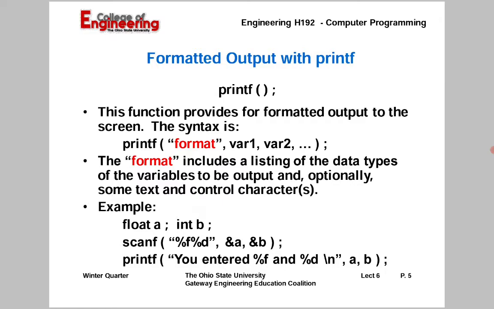There are two standard input output functions available in C language. The first one is scanf, the second one is printf. Scanf is the standard input function, whereas printf is the standard output function.